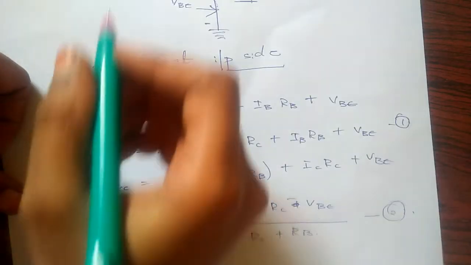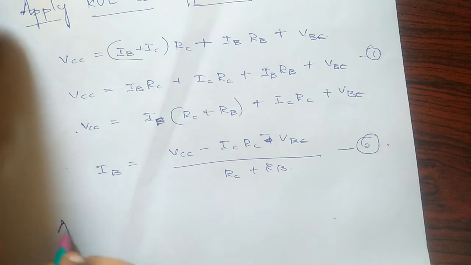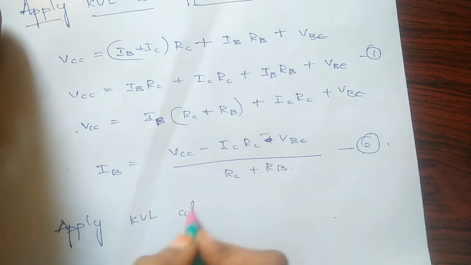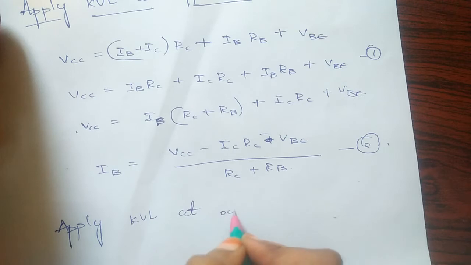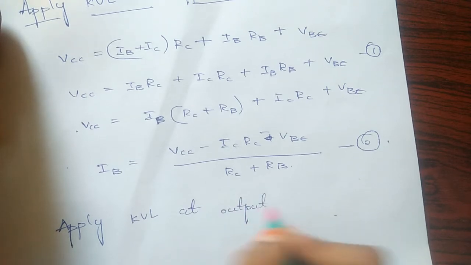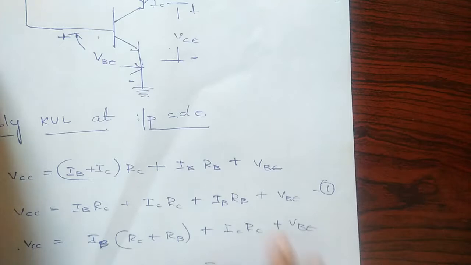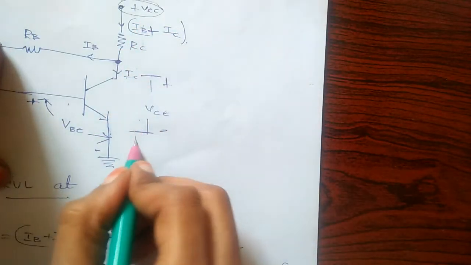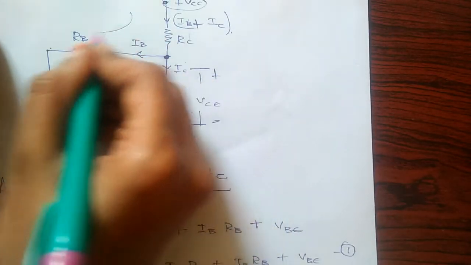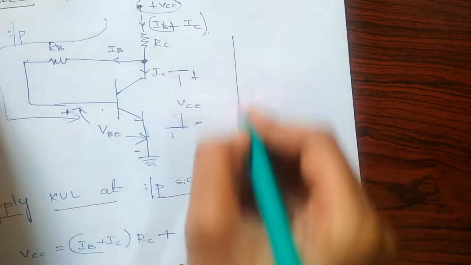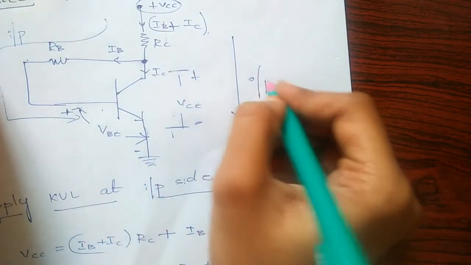Now let's apply KVL at the output side. So this is the input side and this is the output side.